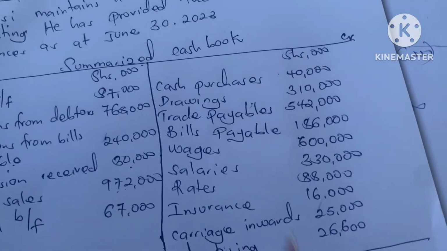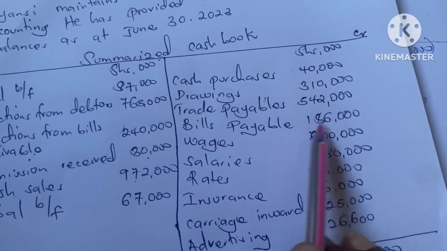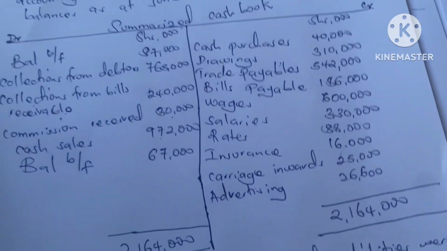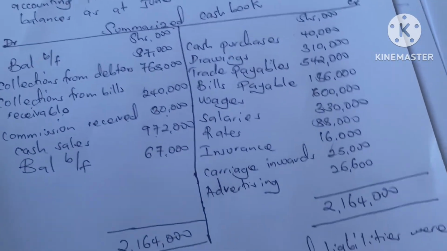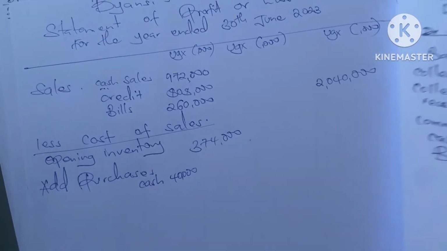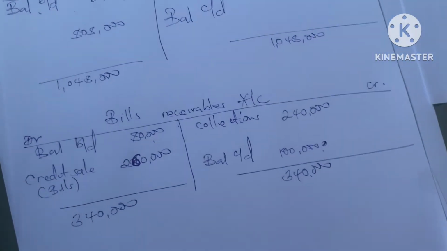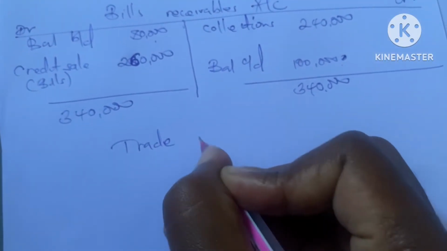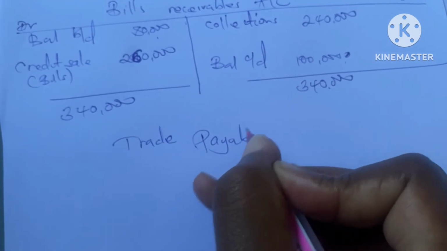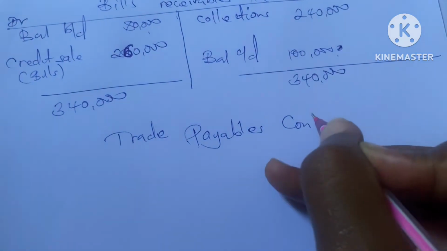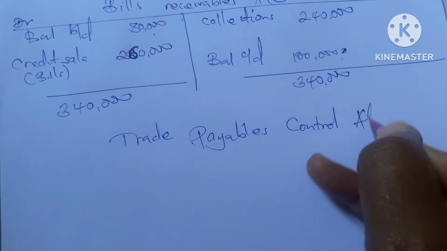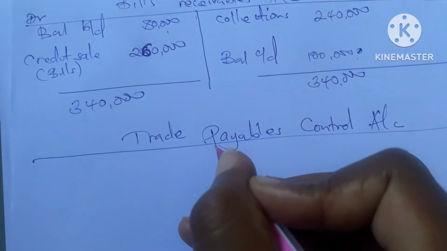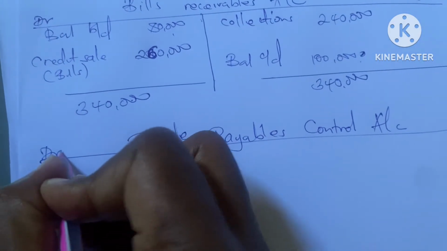Then we have the trade payables and then the bills payables, meaning that we have the credit purchases and they were not given, so we are going to determine them. We are going to prepare the trade payables control account to determine the credit purchases.